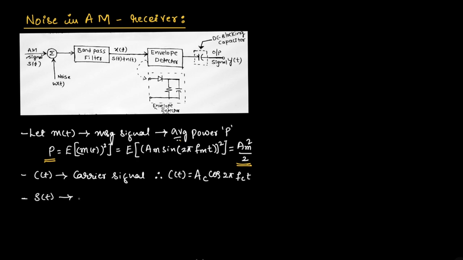Then s of t is the amplitude modulated signal, and the equation of the amplitude modulated signal is given as Ac (1 plus Ka m of t) cos 2 pi fc t.